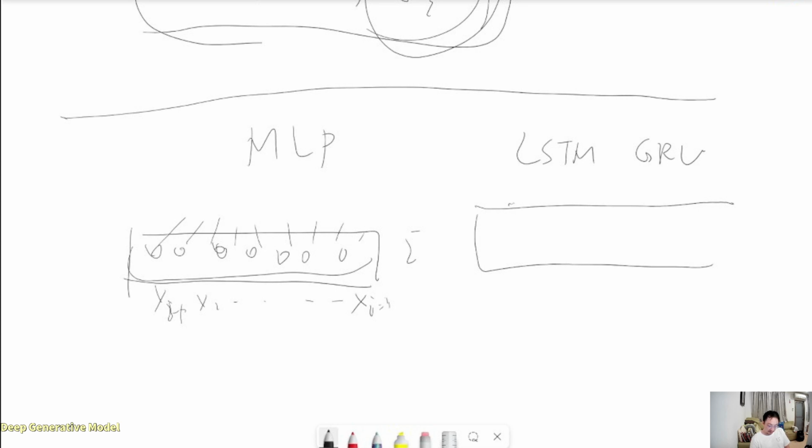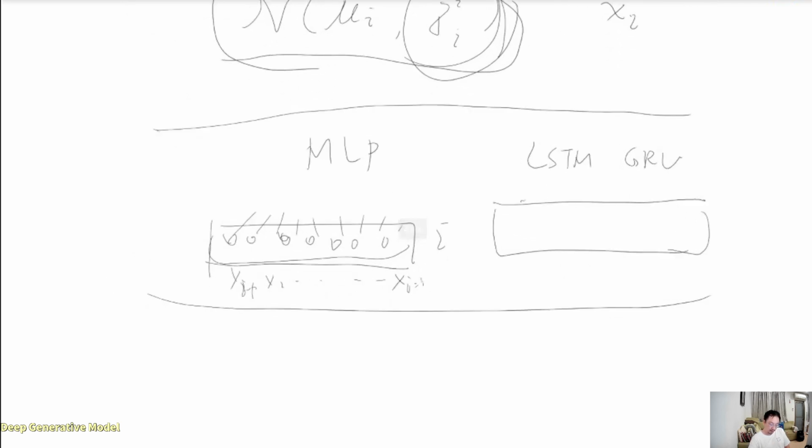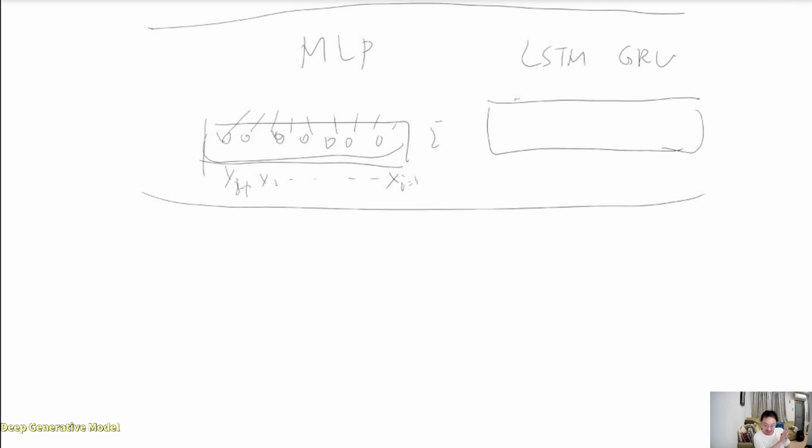You can have a dynamic length of the input. Although in practice, when training, because you have to train in batches, you usually wish each input to have the same length. So you have to do padding or cut off the sequence.